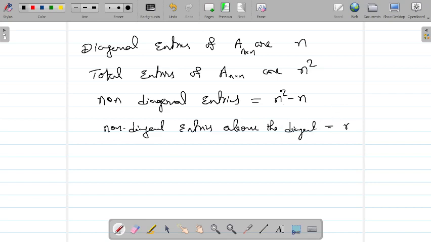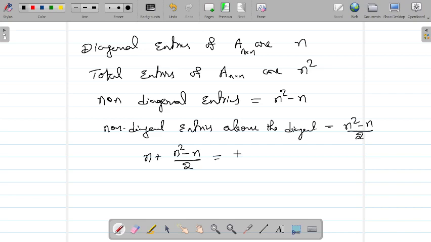Fine. So that equals half of these entries, right? n square minus n by 2. Now if you want to know in total how many entries you need, it is non-diagonal entries above the diagonal plus this n. So that will give you n plus n square minus n by 2. So that will give you n into n plus 1 by 2.